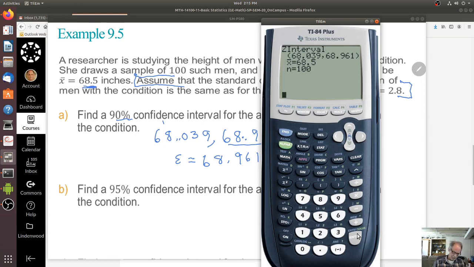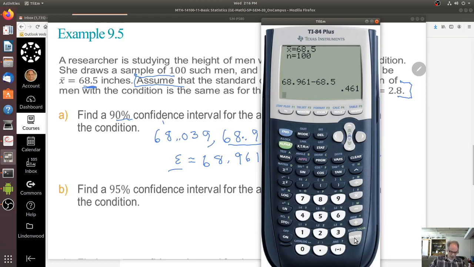That gives 0.461. Not the standard error, the error. What is that called? Margin of error. It's epsilon.